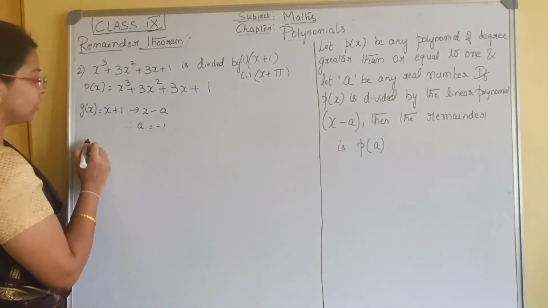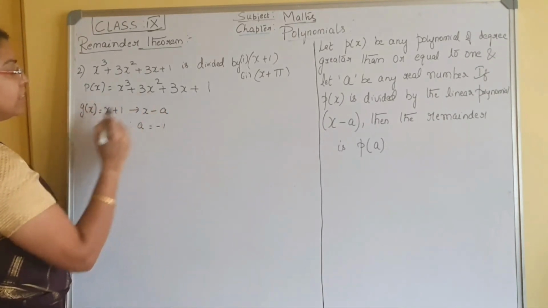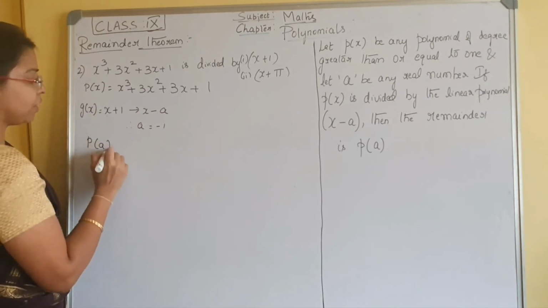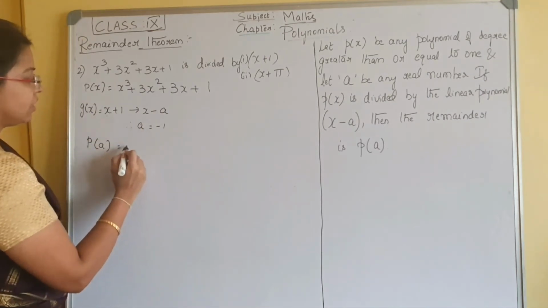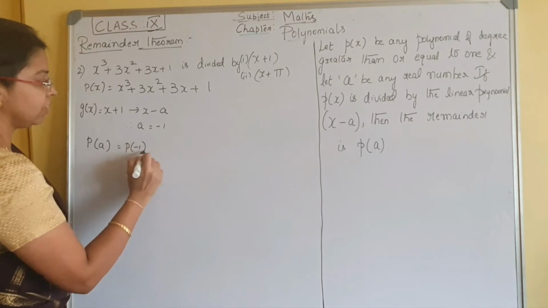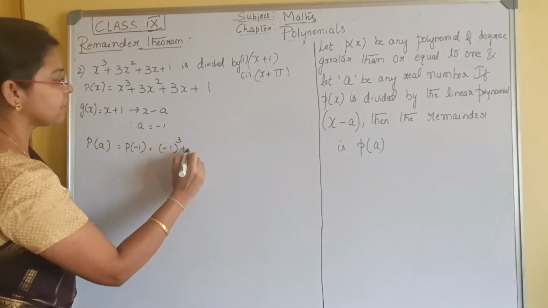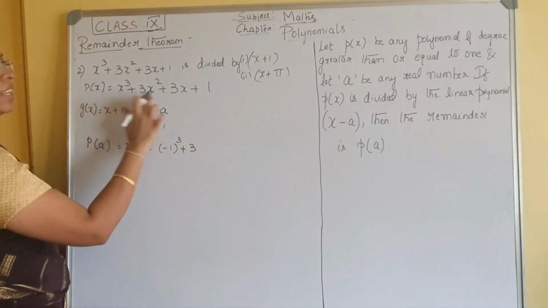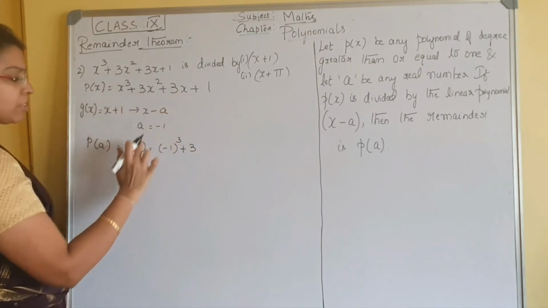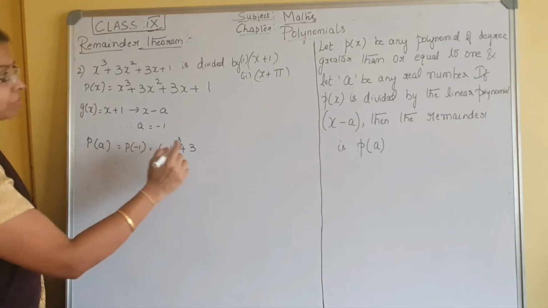Now we will substitute a, that is -1, in p of x. So p of a will be p of -1, that is nothing but -1 the whole cube plus 3 into, substitute here in this polynomial, in place of x we will substitute -1.